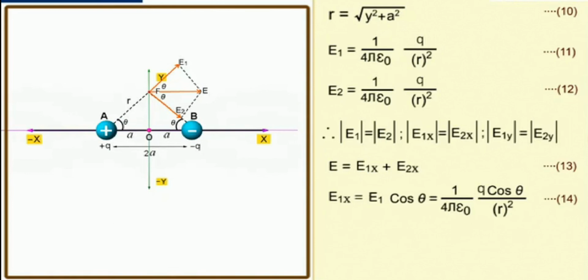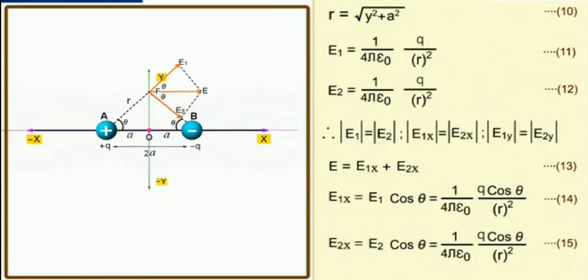Similarly, the angle between E2 and x-axis is theta, and hence the component E2x is equal to E2 cos theta. Substituting the magnitude of E2, we get E2x is equal to 1 by 4 pi epsilon naught into q cos theta by r square. Let us label it as equation 15.